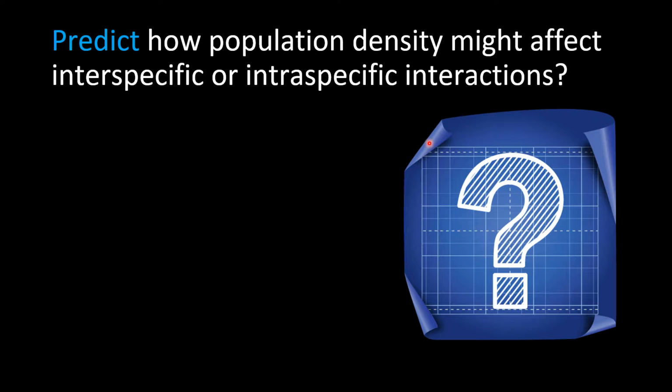What you would predict is that as the population density increases, the intraspecific interactions increase. Just like if you think about people, when are you going to run into more people? Are you going to run into more people in the middle of New York City or out in the middle of the country?